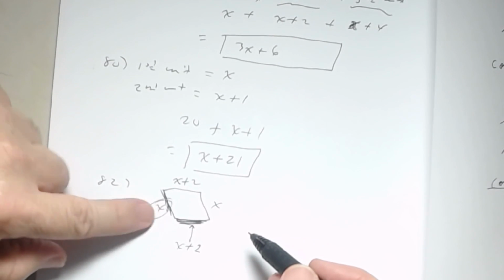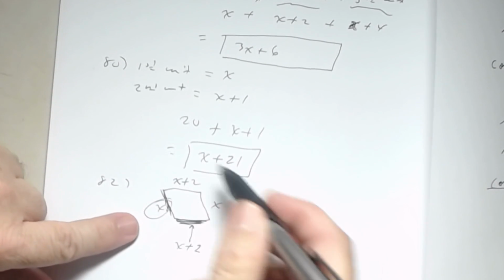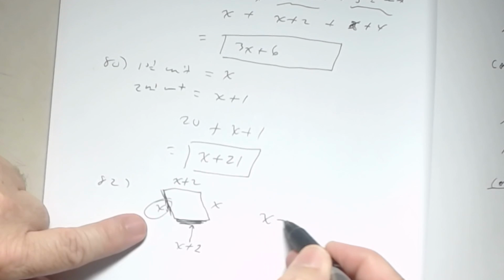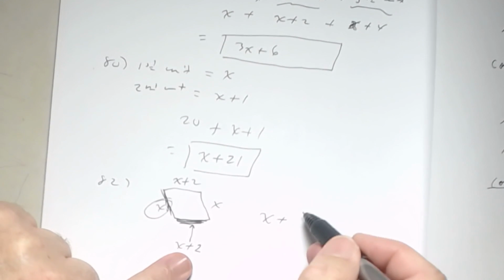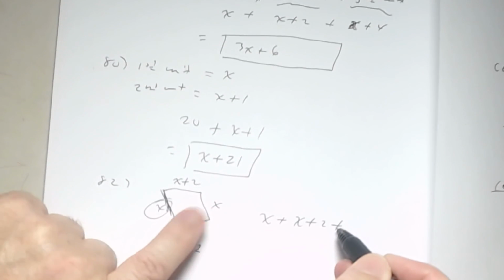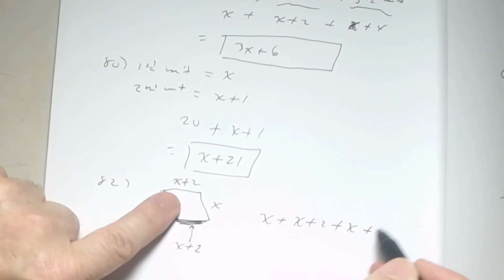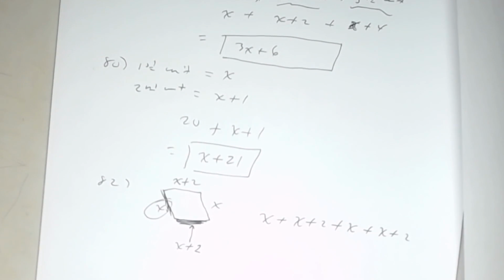So I'm going to start with the one that's circled. I'm going to go counterclockwise. So x plus, and then what do I write here? X plus 2 plus, and then x plus, and then what? X plus 2. But that's not the answer, because what do you have to do next? Combine like terms. So what's the answer? 4x plus 4. Okay? 4x plus 4.